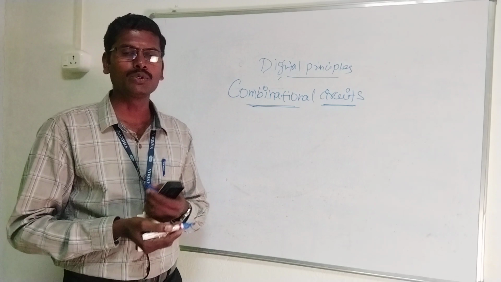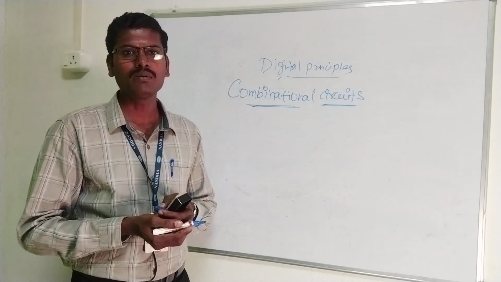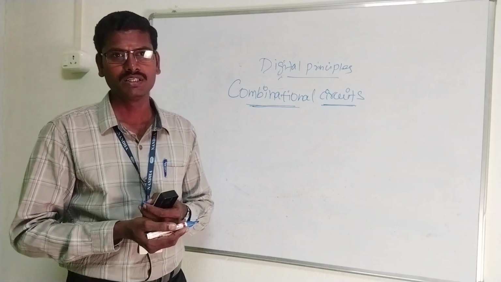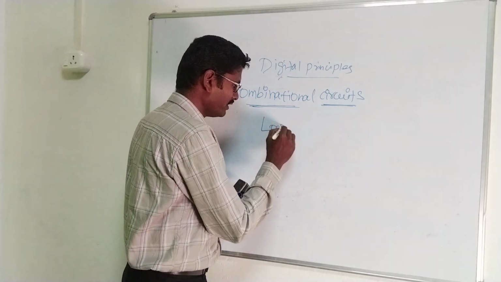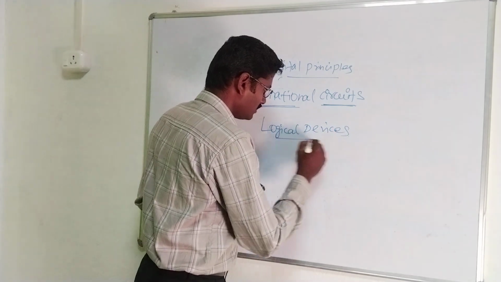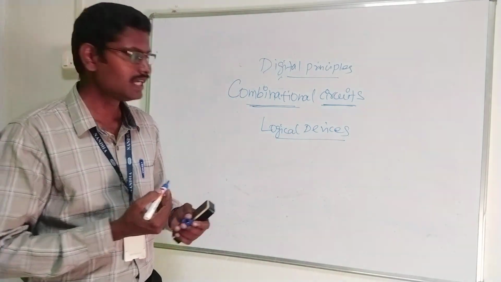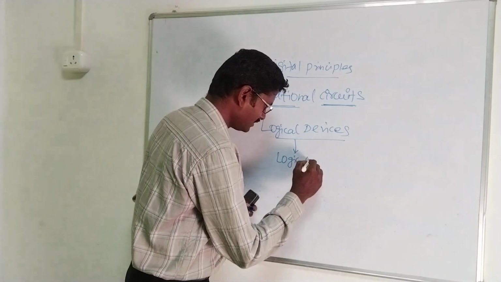A combinational circuit is a circuit or a device which will perform some kind of arithmetic and logical operations with the help of logical devices. The logical devices are technically named logic gates.